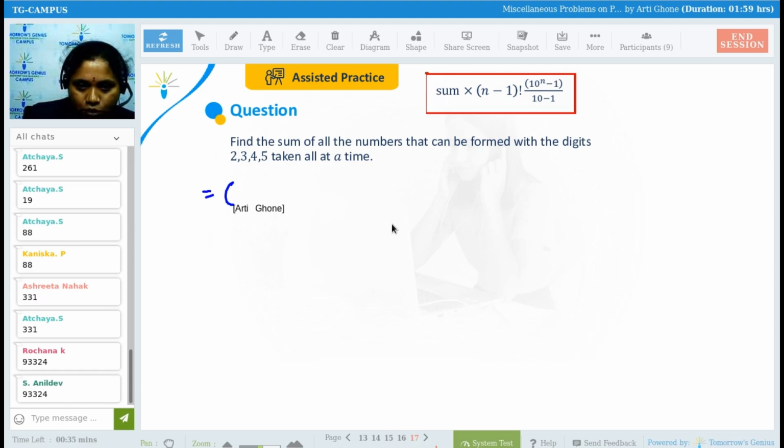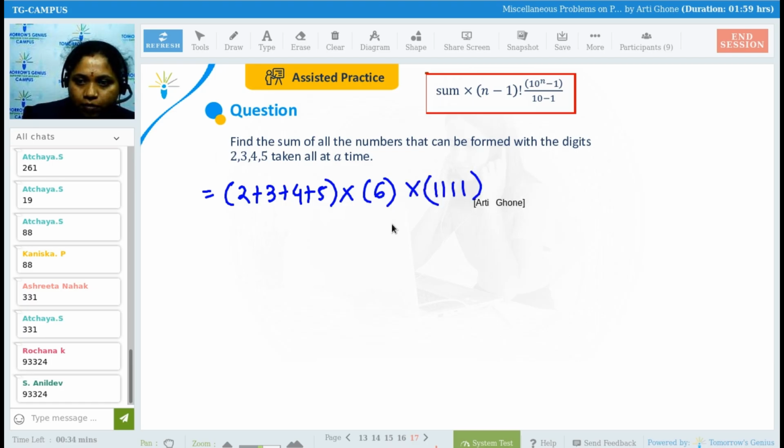Very simple. Sum is 2 plus 3 plus 4 plus 5. Then we have multiplied with n minus 1 factorial. That is 3 factorial. That is 6. I am directly answering with 1, 1, 1, 1. 4 times 1 will be applicable, no?